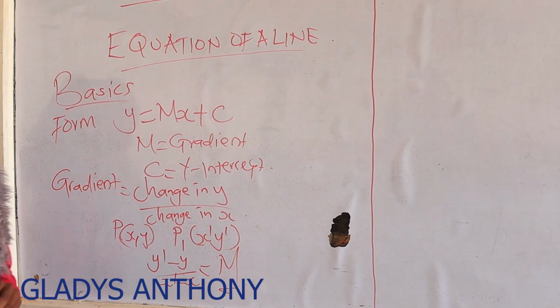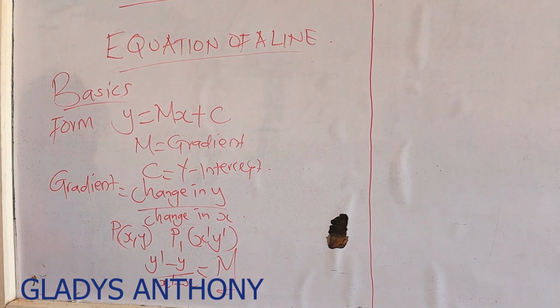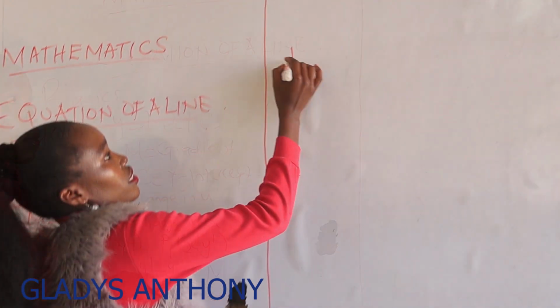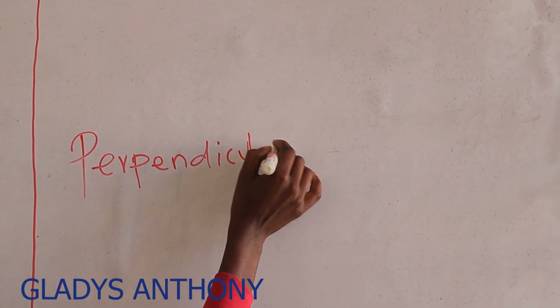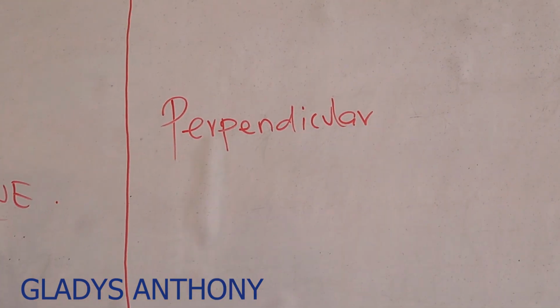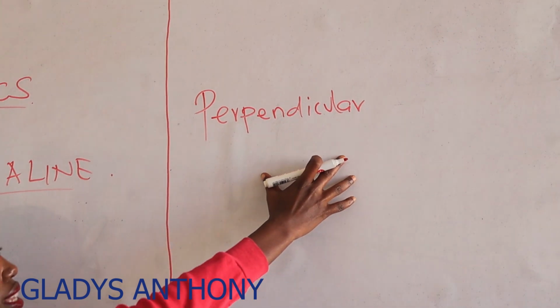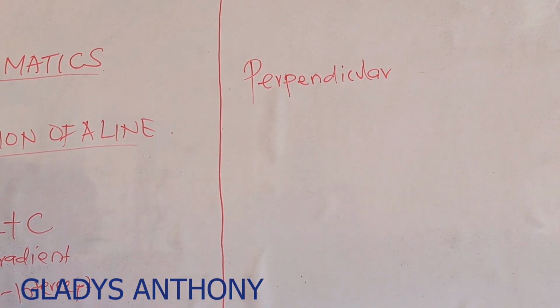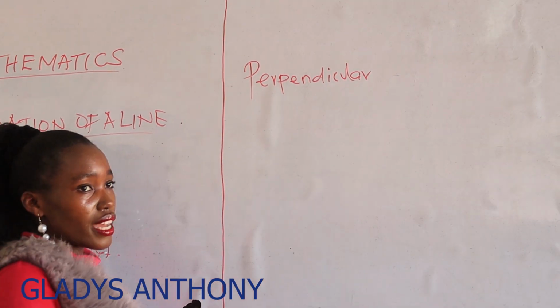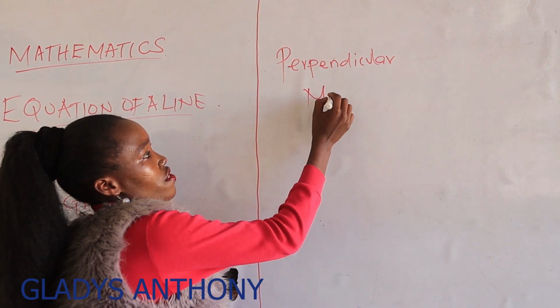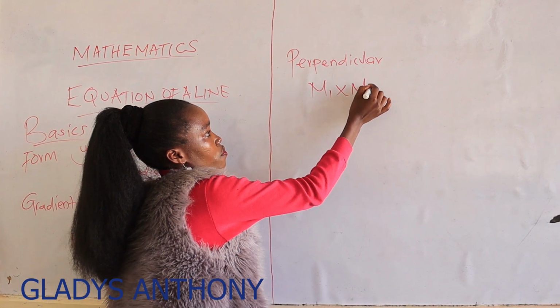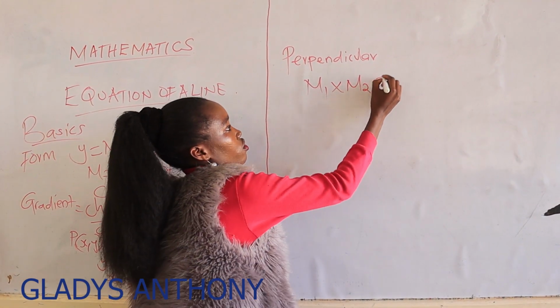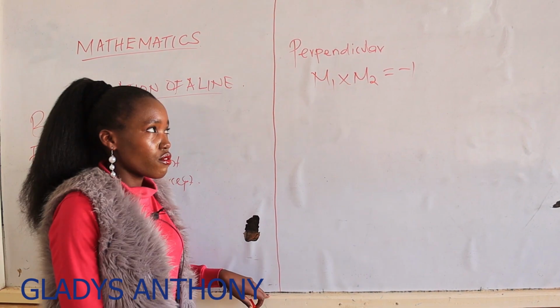Another thing you should note is about perpendicular lines and parallel lines. For perpendicular lines, the product of their gradients gives us -1. So when we multiply m1 by m2, it should give us -1.